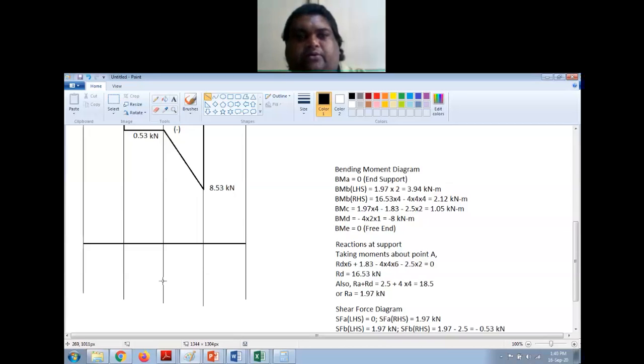Okay, now at A, bending moment is 0. At point B, the bending moment, there are two values, 3.94 and 2.12. So first let me mark these 2 points. So let us say this line is representing 3.94, which is almost 4.